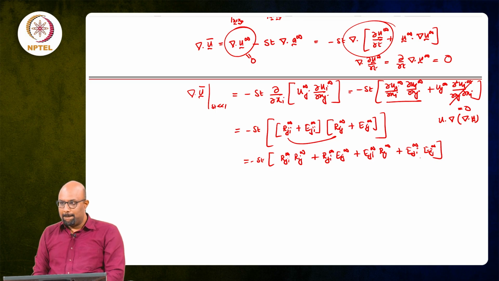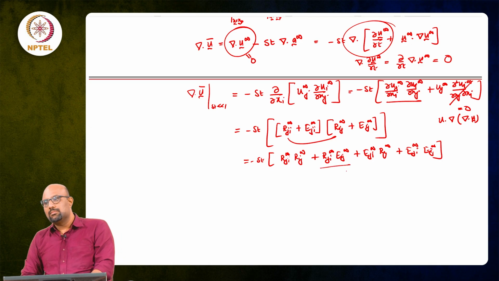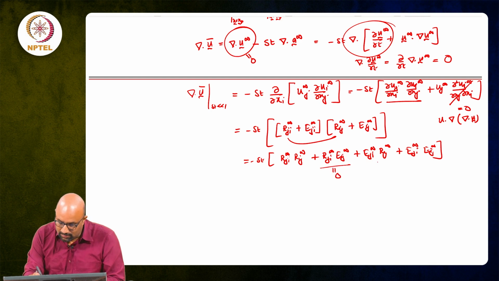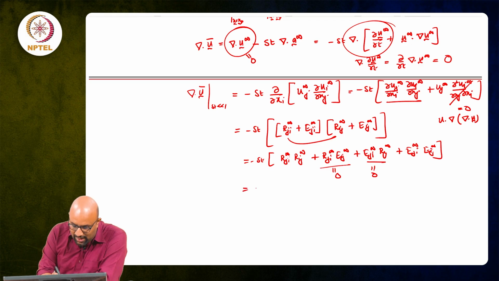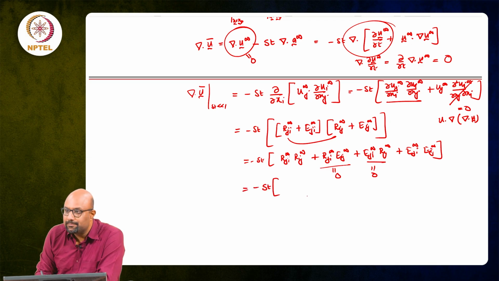Okay, all good? What is this cross term? Should be 0. Again, tensors are your friends and you use them appropriately here and it reduces your work. So, now what you have here is minus Stokes. Now, rji infinity can be written as minus rij infinity, giving minus rij infinity rij infinity, and the other term that I have there is eij infinity eij infinity.